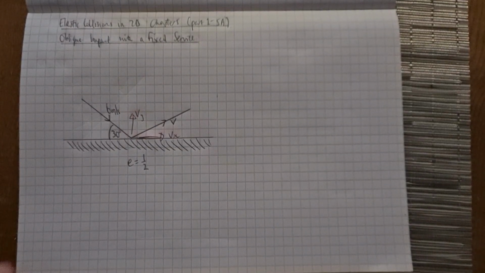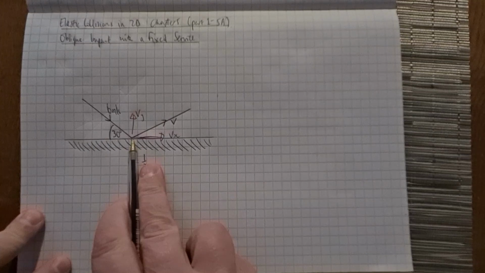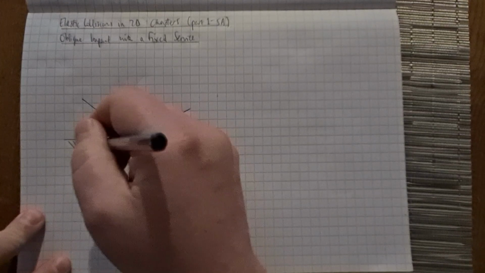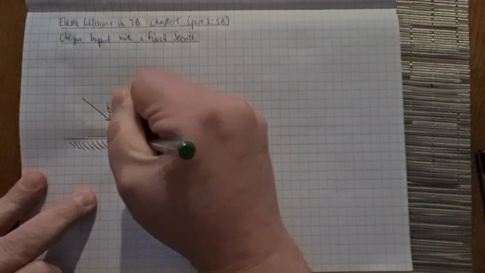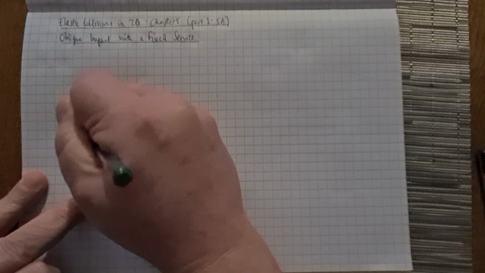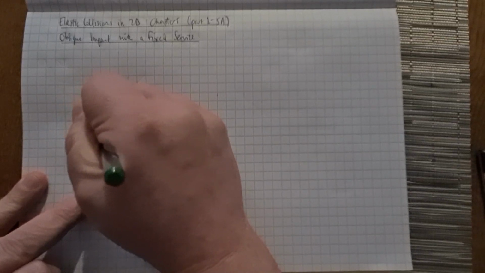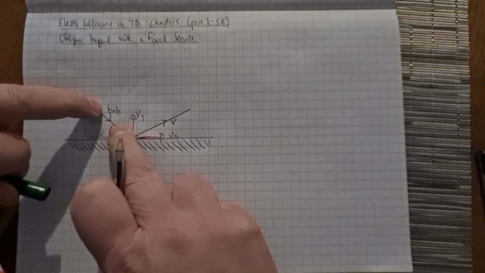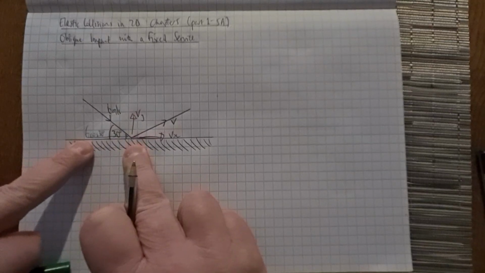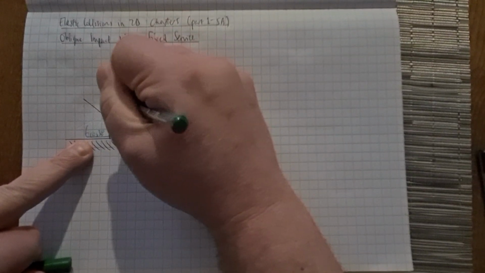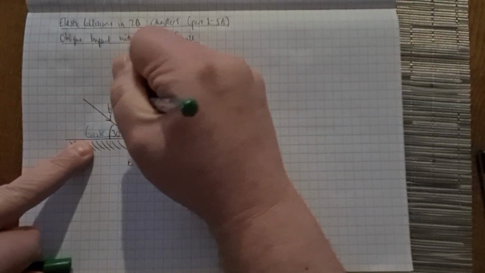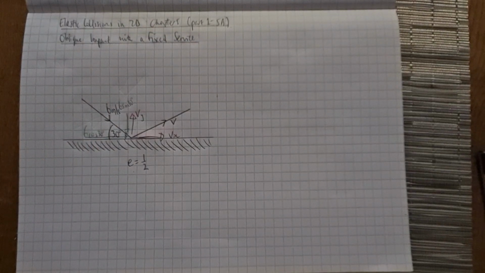And going into our collision, immediately before the impact, if I use the green pen here, we are going to have a speed of 6 cos 30 degrees, resolving our speed parallel to the plane, and into the plane we are going to have a speed of 6 sine 30 degrees before the impact.